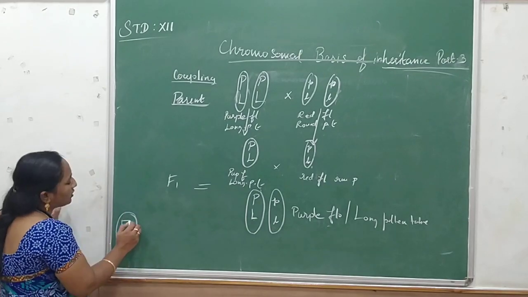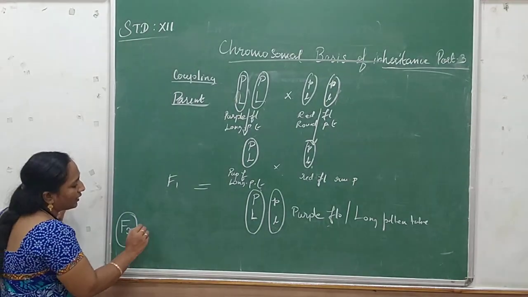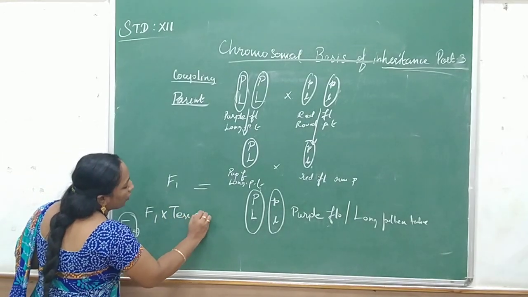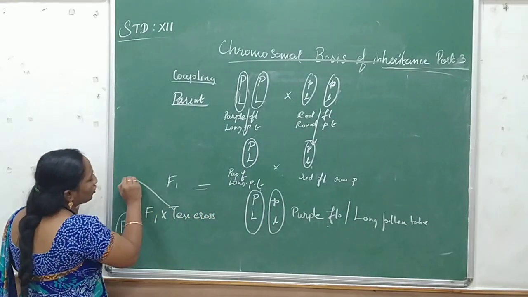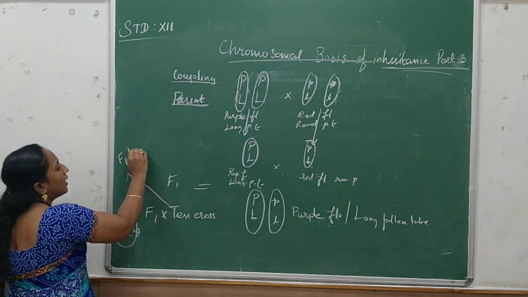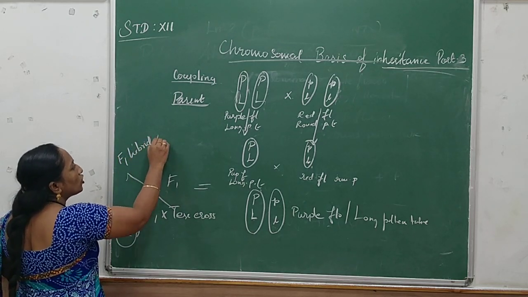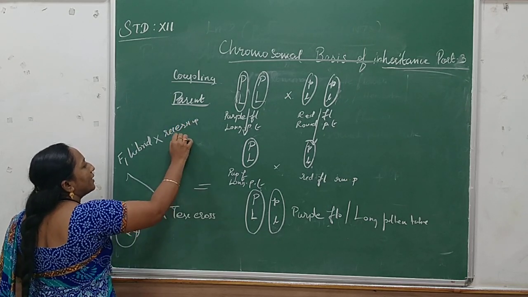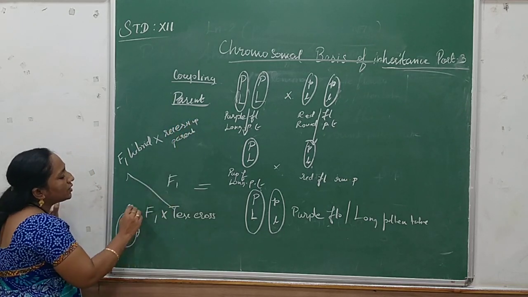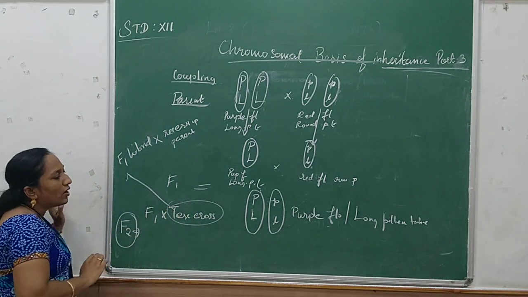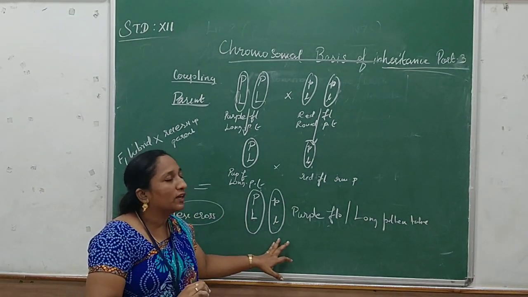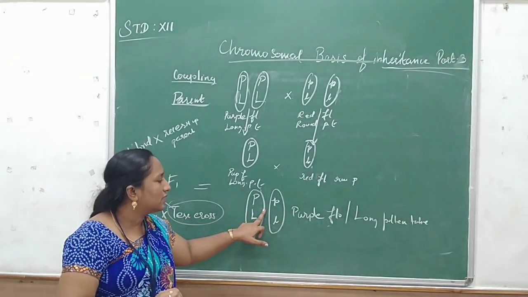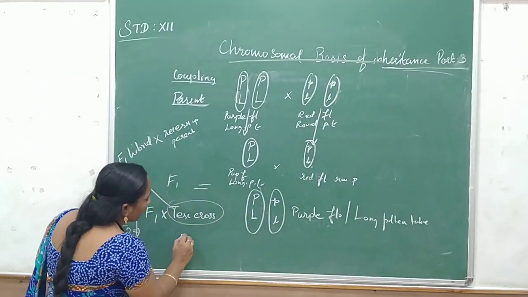So this is the meaning of test cross. Now we are going to do the test cross for getting the F2 generation. The F1 generation hybrid is crossed with the recessive parent.